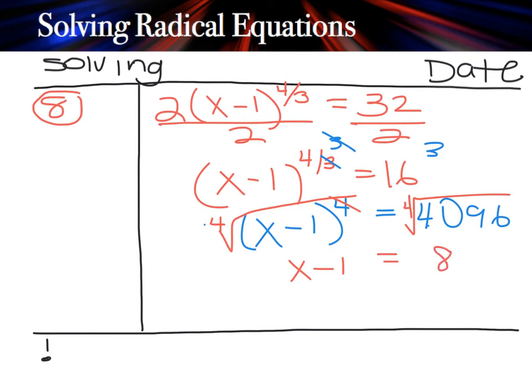Okay, and I'll tell you how I did that. In the calculator, I took the square root first, and then I did the square root again. That's actually allowed. The square root of 4,096 is 64, and the square root of 64 will get you 8.